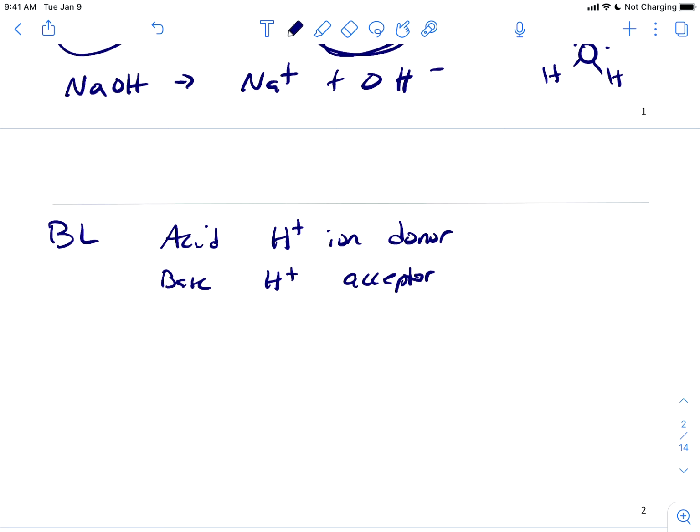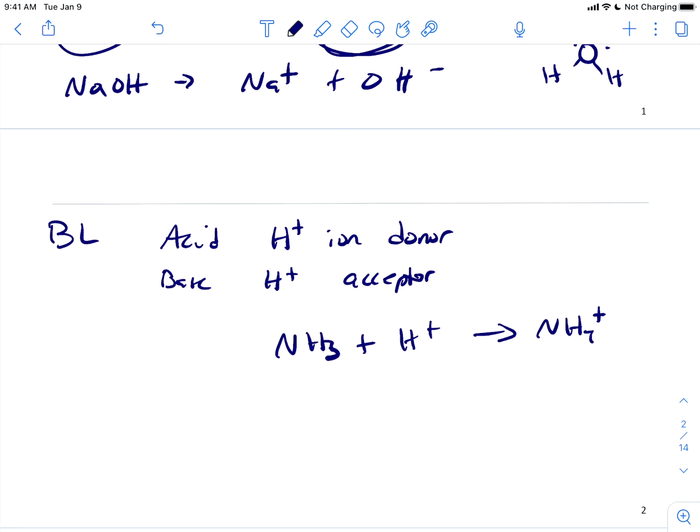It's a little bit better definition. It just is a little bit more clear in terms of what is an acid and what is a base, because when you see something like ammonia, based on the Arrhenius definition, you wouldn't realize that's a base. But what this can do is it can pick up that proton and form the NH4 positive polyatomic ion.